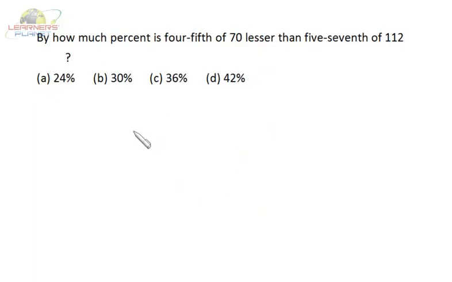Now let's see this question. By how much percent is 4/5 of 70 lesser than 5/7 of 112? Once we find out the ratio of this expression to this expression, after that we'll get the percentage immediately. So it's 4/5 of 70 divided by 5/7 of 112.